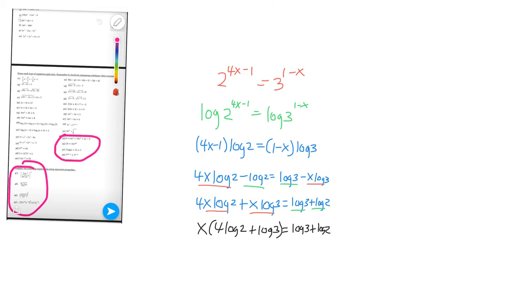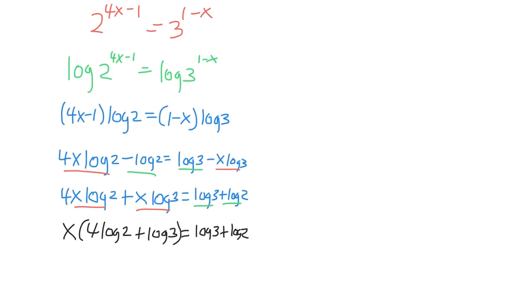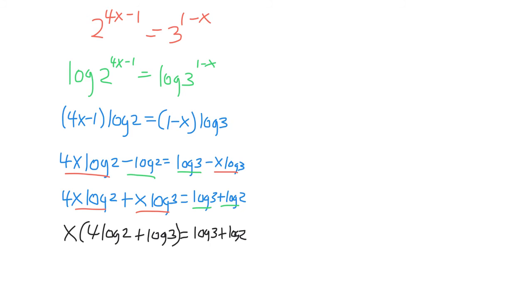Let's continue to just focus here. Now we can divide both sides by this whole thing and isolate the x. So we'd end up with x equals log 3 plus log 2 all over 4 log 2 plus log 3.